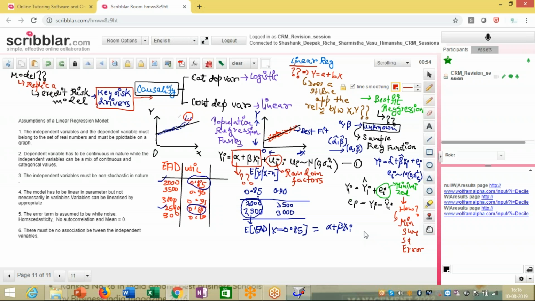Right? So the algorithm which we use to minimize the sum squares of error is called the ordinary least square algorithm.